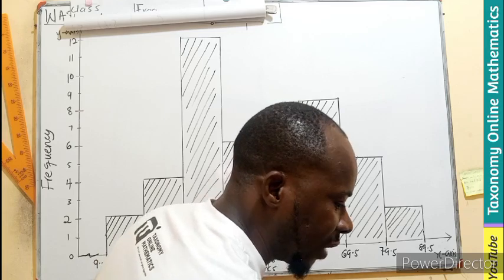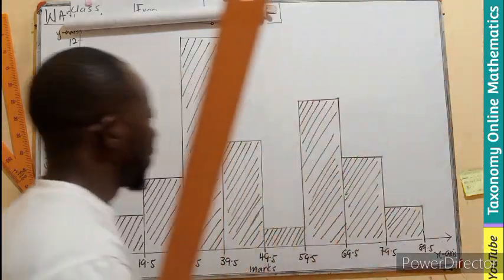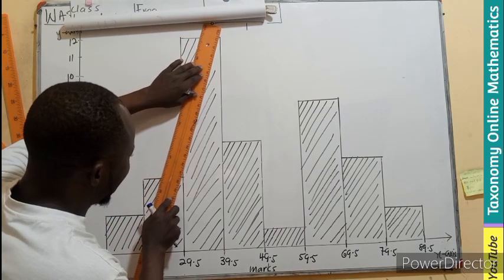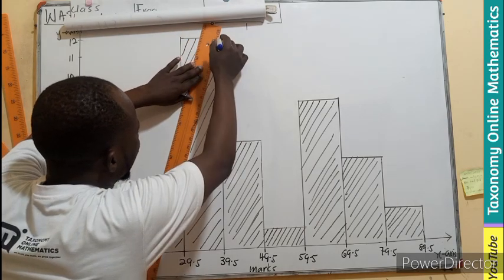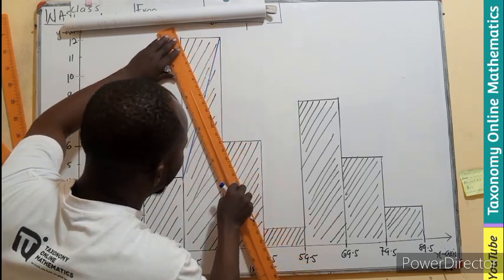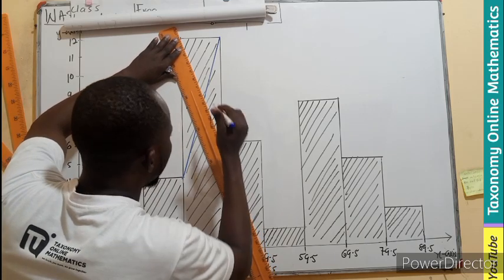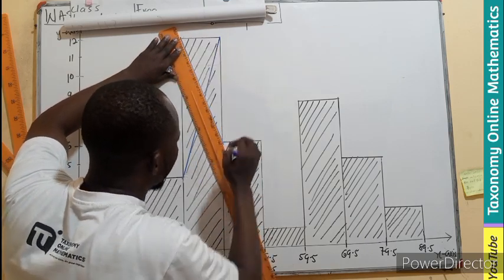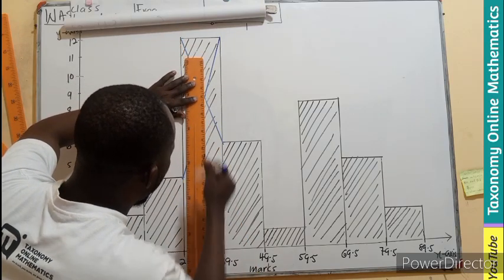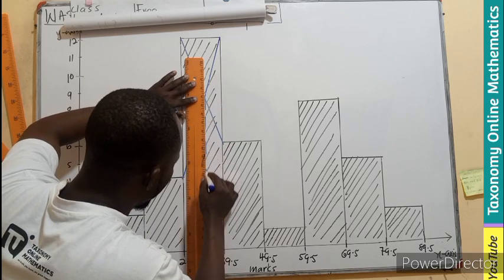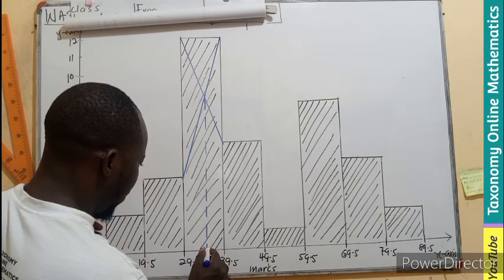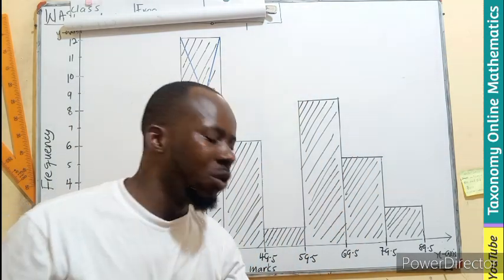You try to connect the corners together, as in joining the corner of the longest one with the one at the left, then joining the corner to the next at the right. Now the point of intersection of these two lines, you bring it down with a broken line to determine the value on there.